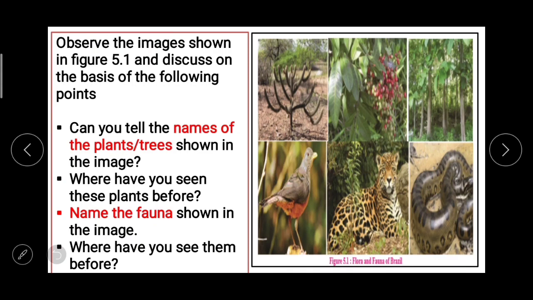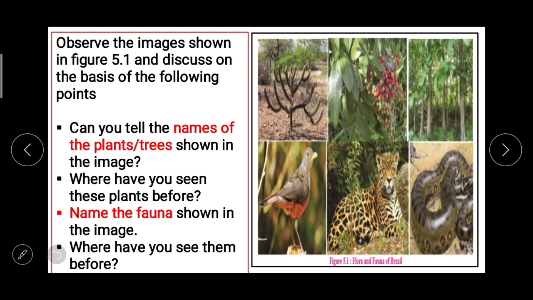This figure 5.1 is given in our textbook about the flora and fauna of Brazil, and on the basis of this figure, questions are also given.